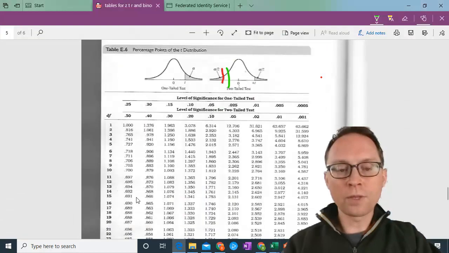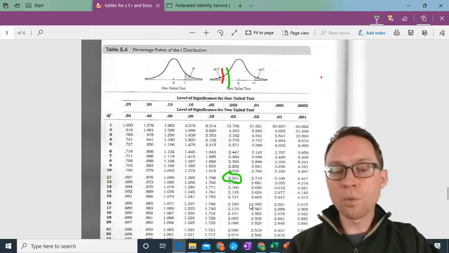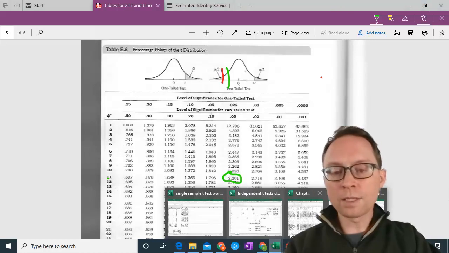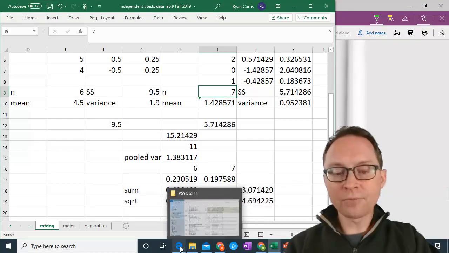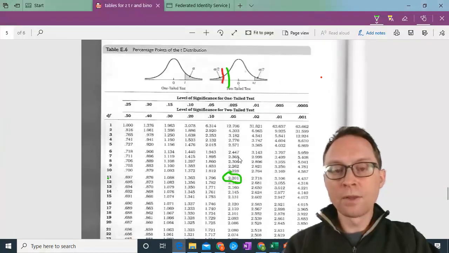When we look on the table at 11, this is the right degrees of freedom right here. 11 with a two-tailed test of alpha equals 0.05, then the critical value is 2.201. We got a T statistic of 4.69. 4.69 is way more extreme than that.